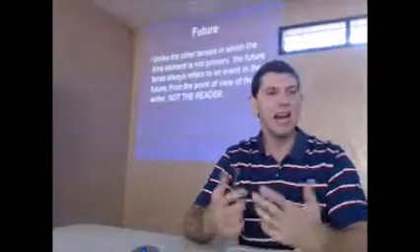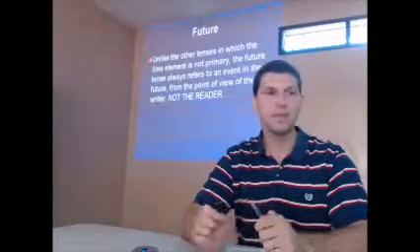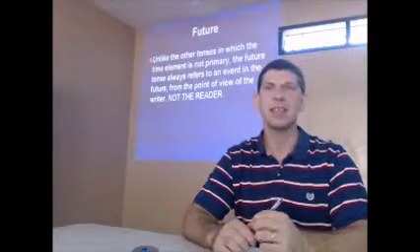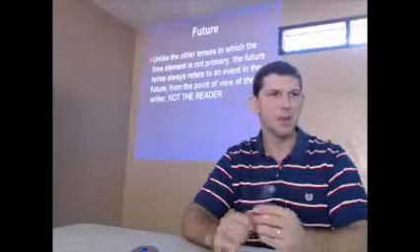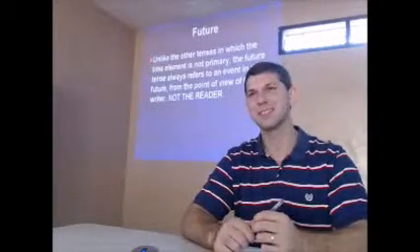The second is future tense. Unlike the other tenses, in which the time element is not primary, the future tense always refers to an event in the future from the point of view of the writer, not the reader.